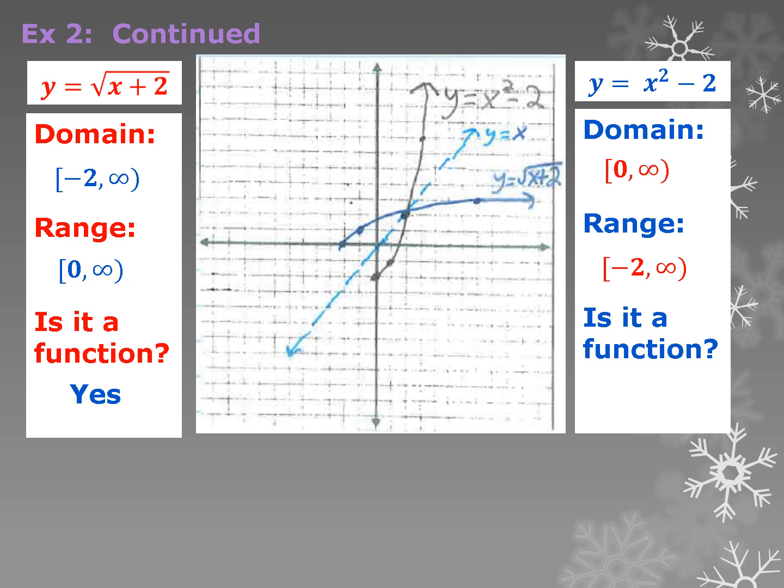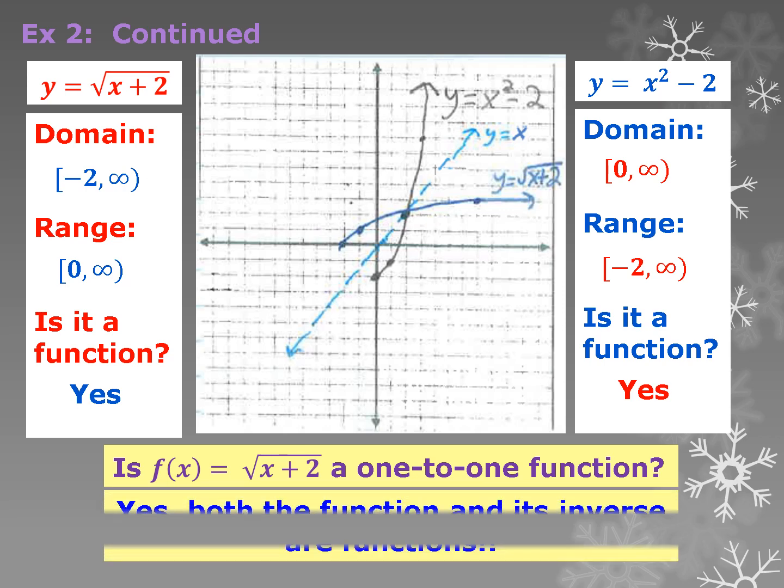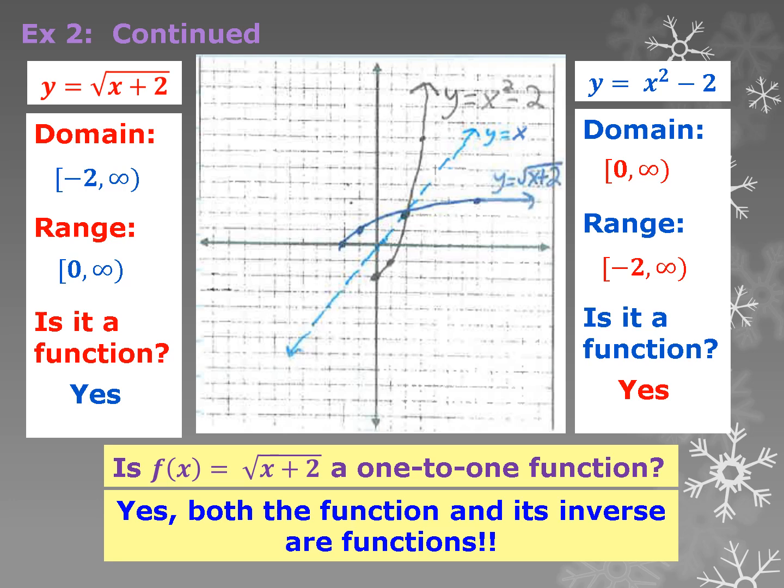Now, is the inverse a function? Yeah, it is. So let's answer this question. Is f of x equals the square root of x plus 2 a one-to-one function? And the answer is yes, because both the original and its inverse are functions.